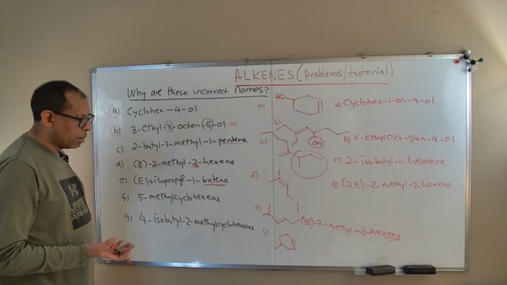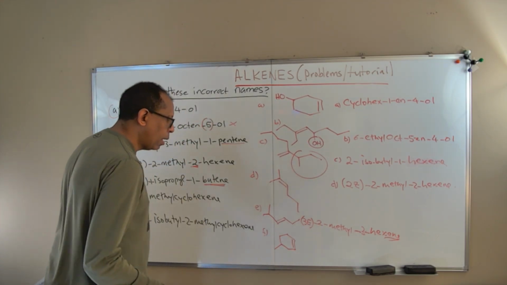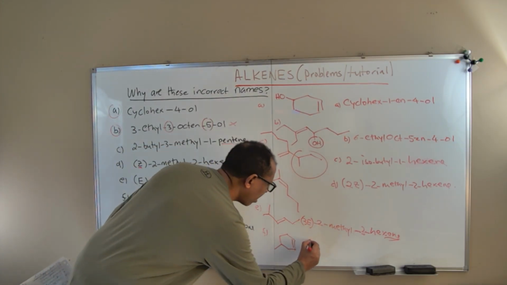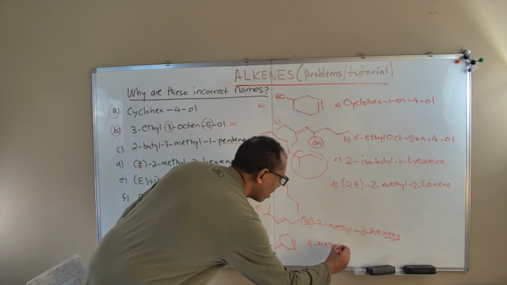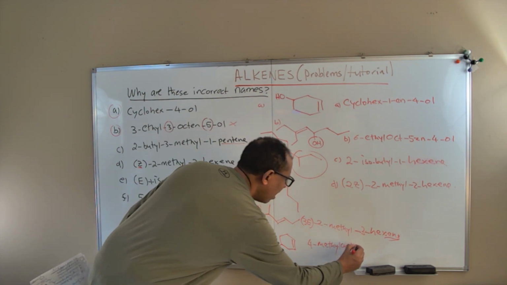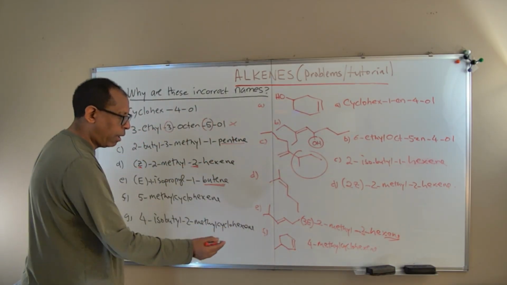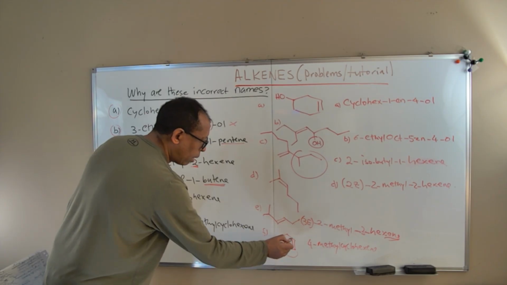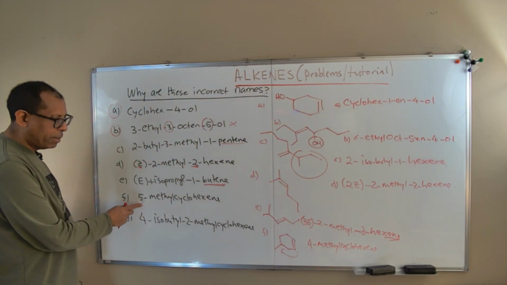There is no 5-methyl cyclohexene. Actually, instead of 5-methyl cyclohexene, this should be written as 4-methyl cyclohexene. You cannot have 5-methyl because you can go this way, the shortest path, rather than going the longest one. So there is no 5-methyl cyclohexene.